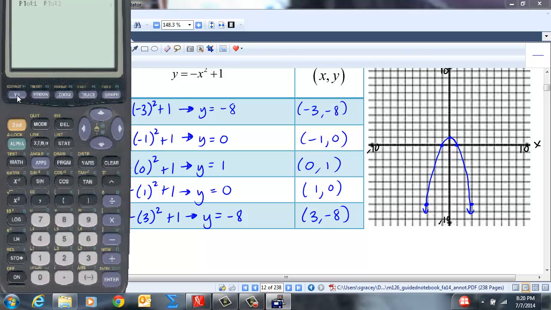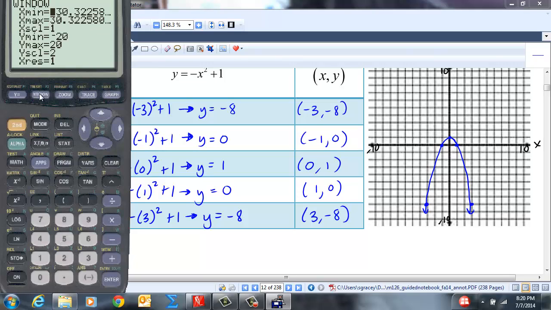So we go to our y equals. This one is isolated. So remember, the negative sign symbol is here. This means subtract. So we'll have -x squared and then +1 is our graph. And I want to zoom square.